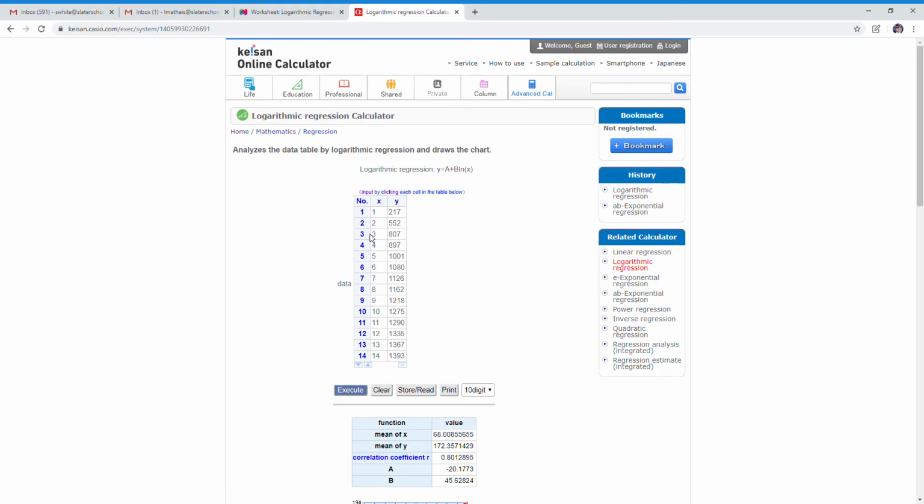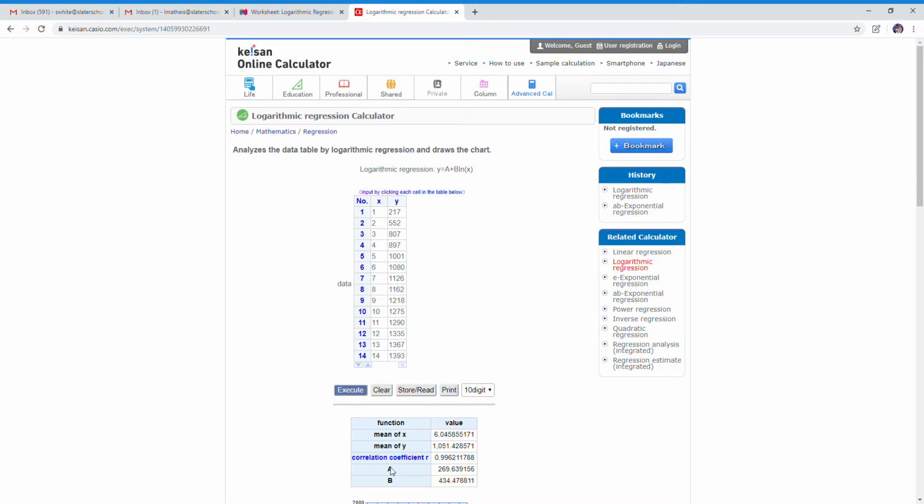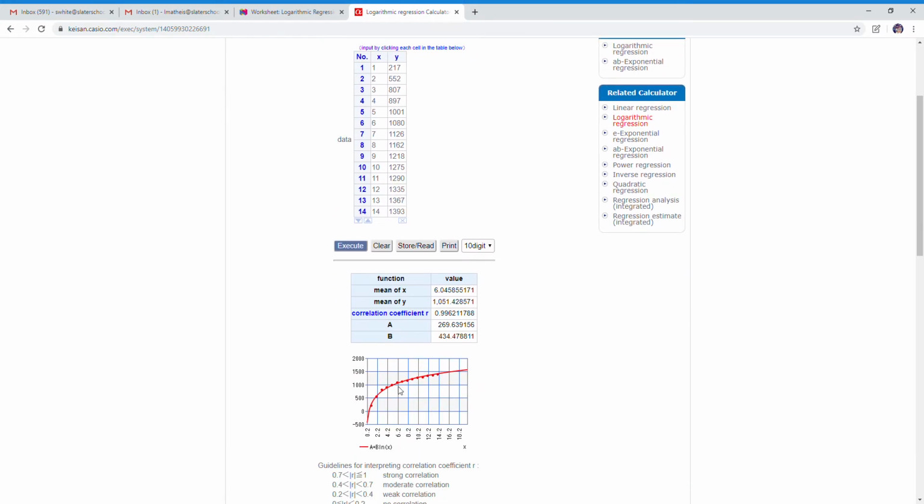You'll notice I was able to put in all the data here, day 1 through 14 in the X column, and then the total number of app downloads in the Y column. I can click the execute button right below it, and that will calculate the values of A and B, the correlation coefficient, and it will graph the scatter plot as well.